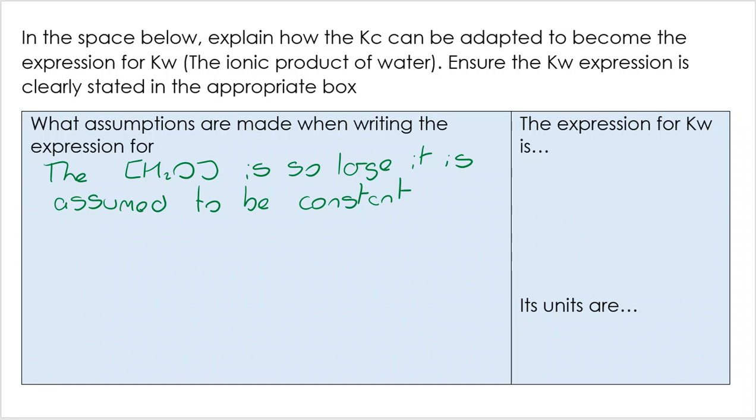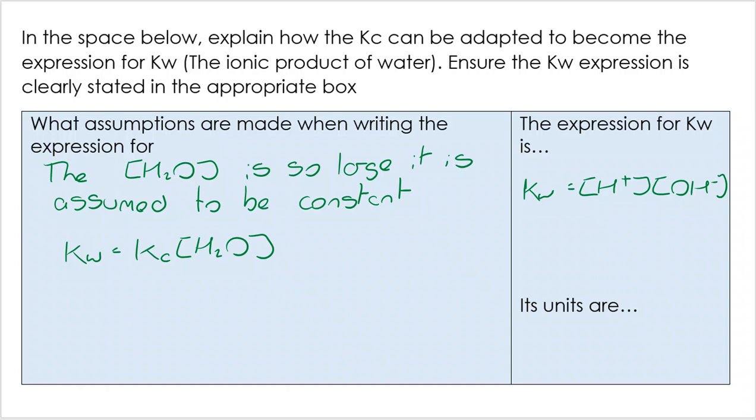So when we talk about Kw, we actually mean Kc multiplied by H2O, but it's possible to do that because we're totally ignoring the concentration of H2O. What that means is that we've got an expression that you need to learn for Kw, derived from that Kc expression, but Kw is actually concentration of H plus multiplied by concentration of OH minus.